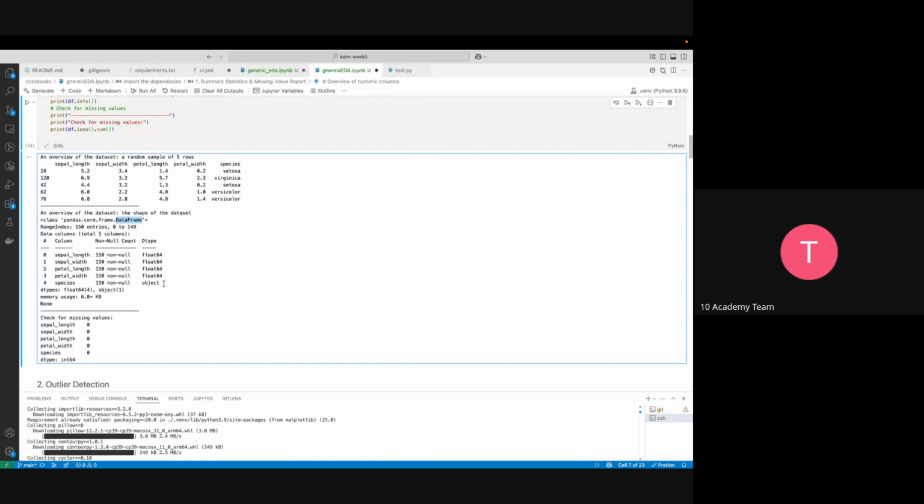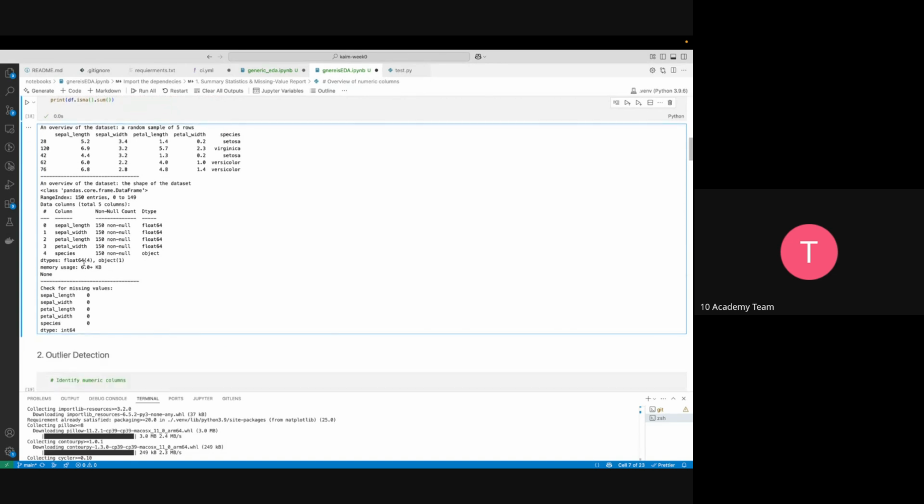And here you can see the data type of each column. Okay, for sepal length and the others, it's float for the 4, and for the species it's object. So we have 4 float or numerical columns and 1 object column.